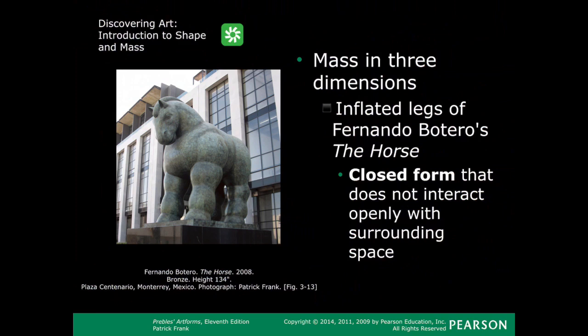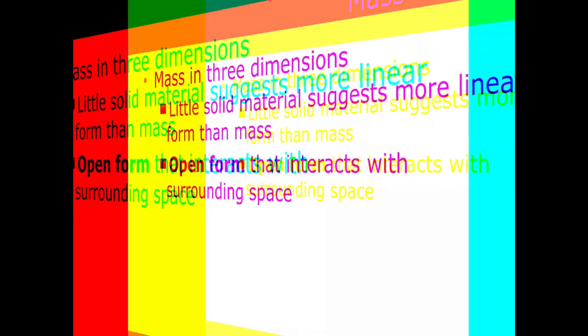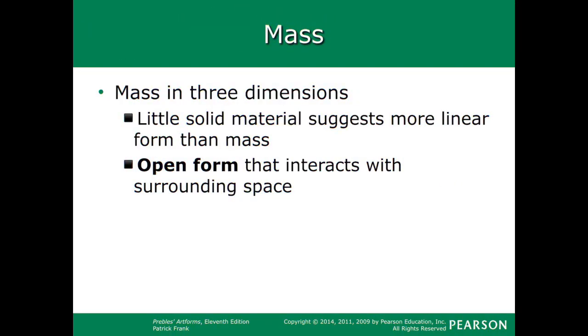And so this is a type of closed form sculpture where it does not interact openly with the surrounding space. In other words, the object is basically the object itself. There are different types of sculptures where they interact a little bit more with its surrounding environment, but in this case, it doesn't exactly do that. So when sculptures are that way, we call them closed form. They're not exactly interacting outside of their environment.